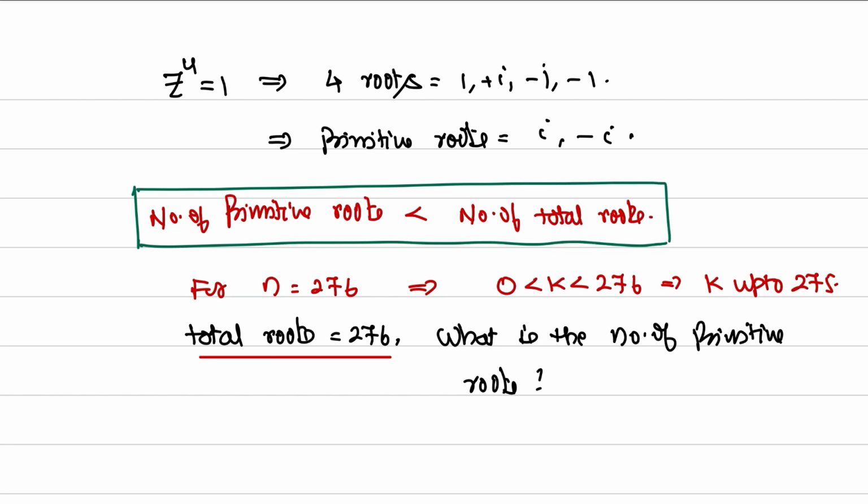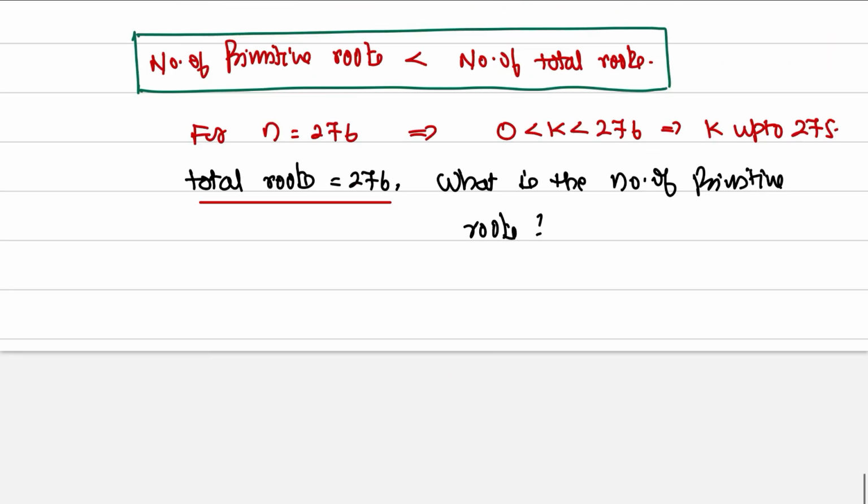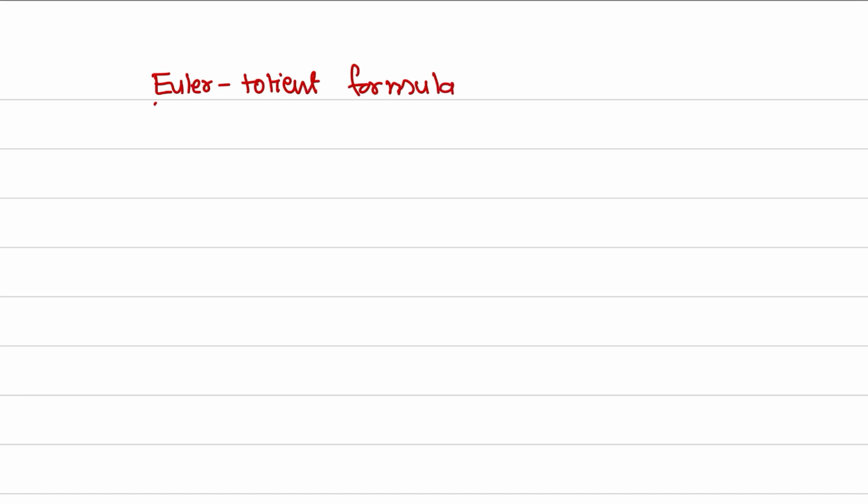It's very difficult. For that, there is a theorem called Euler Totient formula. Please remember this formula. Euler Totient formula in number theory. What does the Euler Totient formula say?